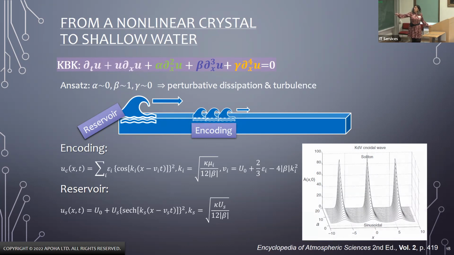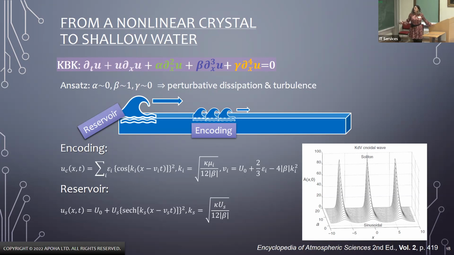We do the encoding using low amplitude cnoidal waves, so waves that are essentially sinusoidal waves, in which we use the different parameters to encode information in our system. And then, since these waves having low amplitudes always have a low velocity, we can consider the collision between these waves and a soliton, which always has a much higher velocity, so a soliton will be sent after the encoding waves are sent.